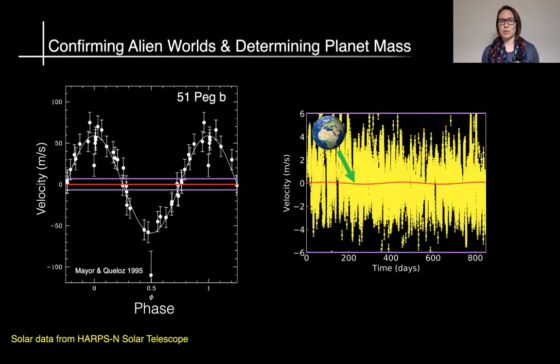What I'm showing you here in yellow is data from the HARPS-North Solar Telescope. This is what it would look like if we tried to find an Earth analog around a true solar twin. You would have all of this variability, all of these velocity shifts in yellow coming from the star itself, and they would completely swamp the signal that you get from an Earth analog.